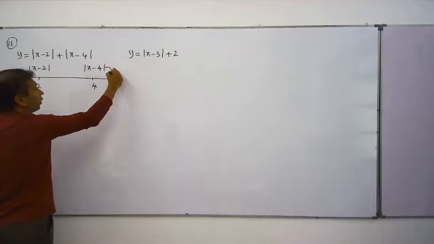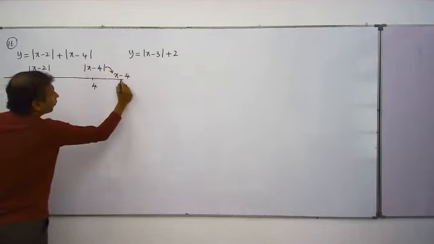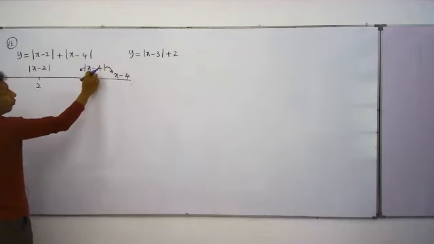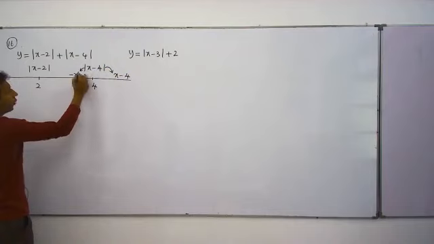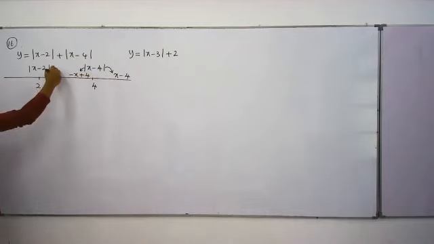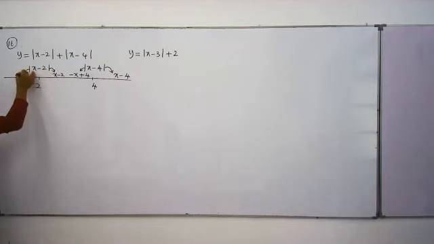Right here, on the right of 4, it is x minus 4. Left of 4, multiply this by minus sign. It's minus x plus 4. And on the right of 2, mod x minus 2 is x minus 2, people. Left of 2, multiply this by minus sign. It's minus x plus 2.